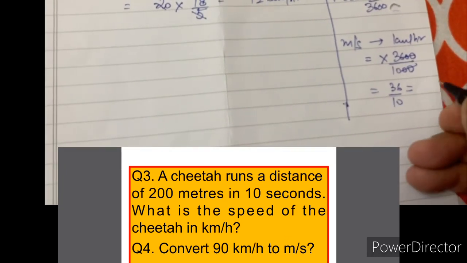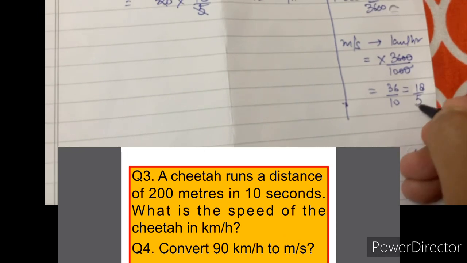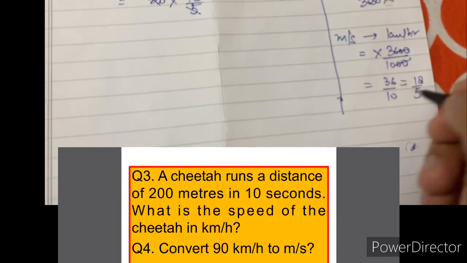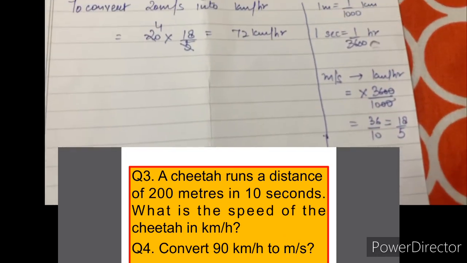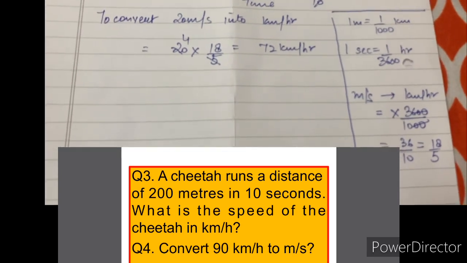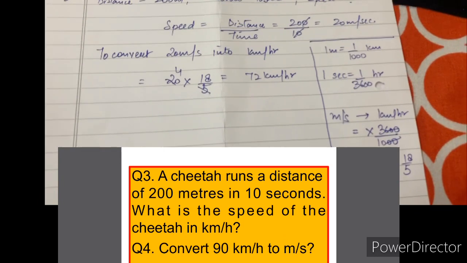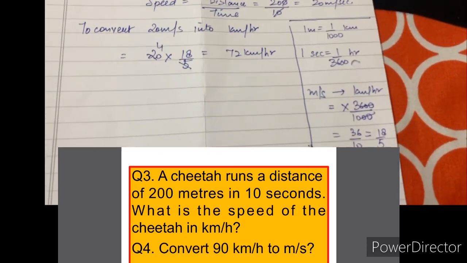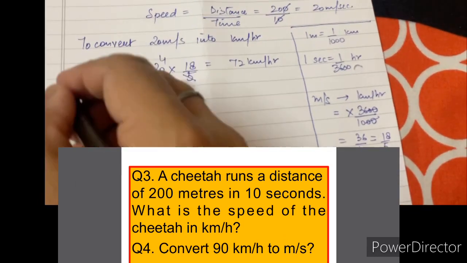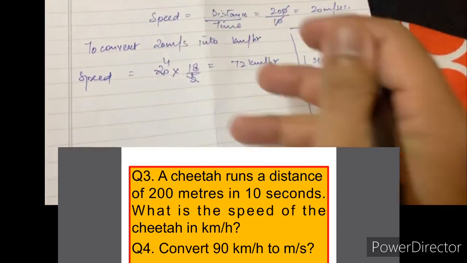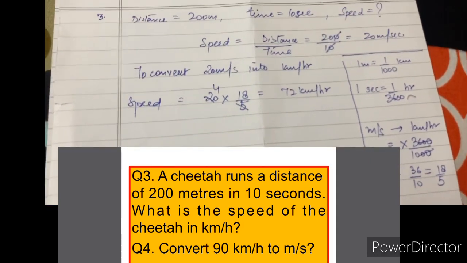If we solve it, we get 18 upon 5. This is how we convert meter per second to kilometer per hour. This is the fraction we have to multiply with this 20, 18 upon 5. Now this is your speed in kilometer per hour.